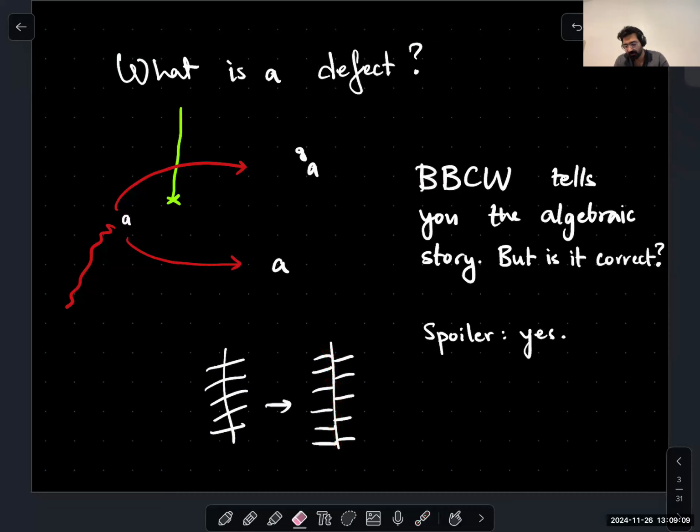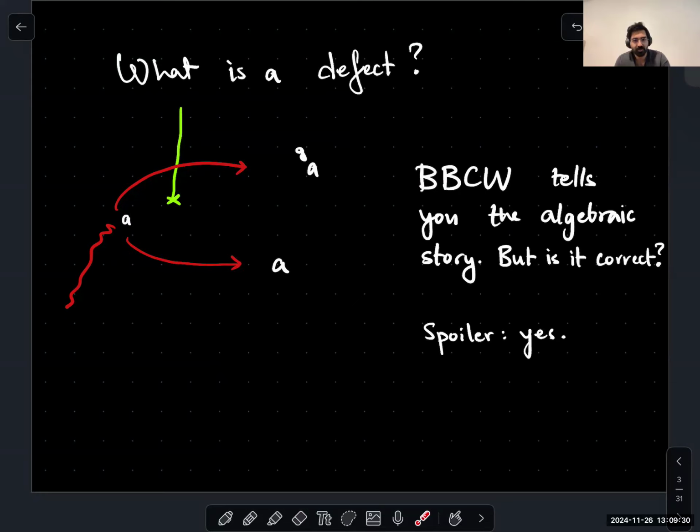This is a defect or a domain wall of a translation symmetry, which is not the type of symmetry I want to talk about today. I'm just going to talk about on-site symmetry, but there are different connotations for this term. Specifically, domain walls or symmetry domain walls are also called symmetry defects.